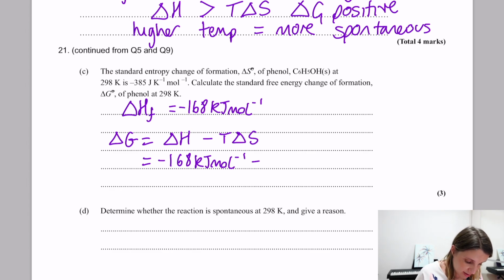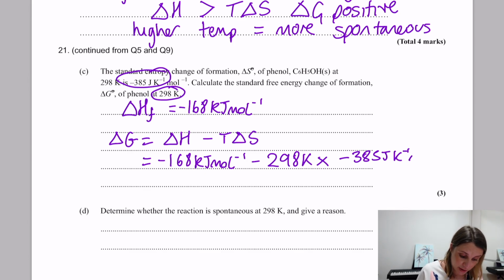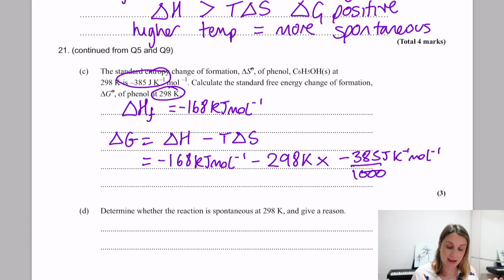The temperature they gave you in the question is 298 Kelvin, and we're going to multiply that by the entropy value, which they also gave us as minus 385 joules per Kelvin per mole. But you need to remember in this case that we need to divide this number by 1,000, because it needs to be in kilojoules per Kelvin per mole to balance out the other units in this equation.